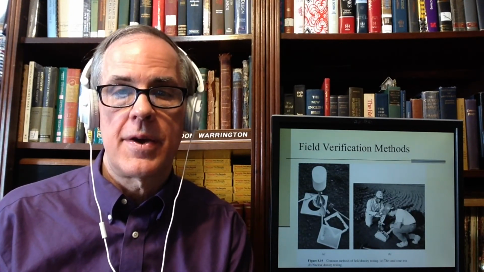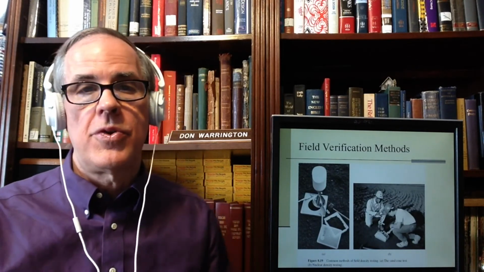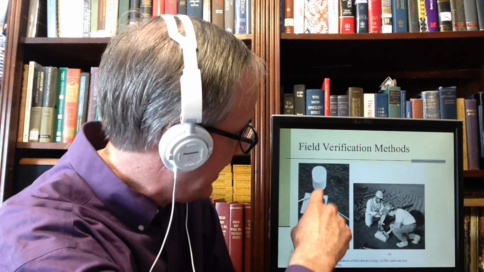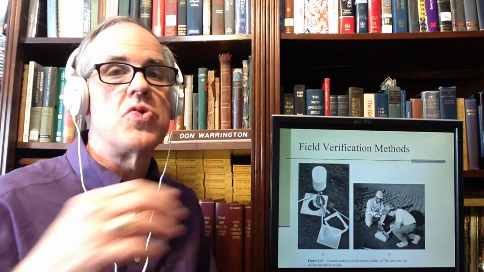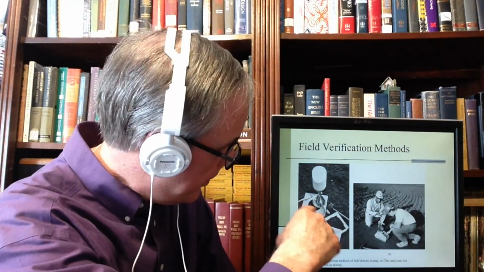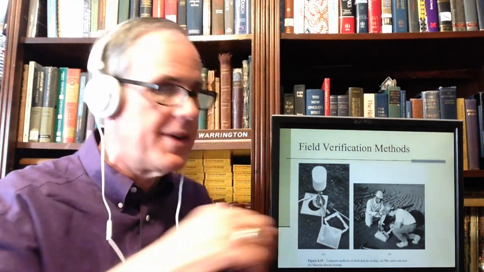You take this apparatus, which is basically a bottle full of sand of known unit weight, and you put it over a hole. Below this, you dig a hole in the ground.